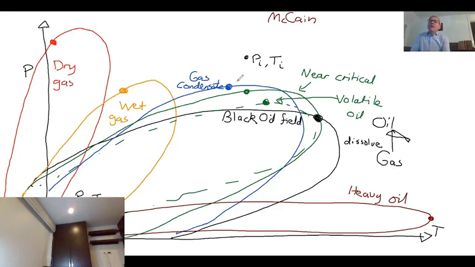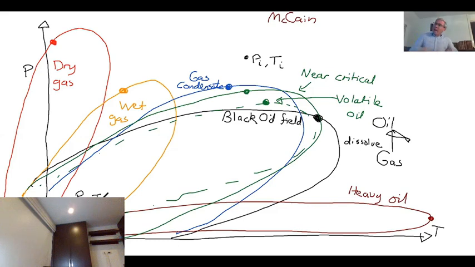Well, the reason why it'd be different, clearly, is if we're near the critical point here, so if we're looking at a gas condensate, near-critical oil or volatile oil, that doesn't work because we know near the critical point, the gas and oil have very similar compositions. So actually gas has a composition very similar to the oil. When I bring it to the surface a long way from the critical point, the gas actually has a different composition. It tends to be lighter, more gas-like.